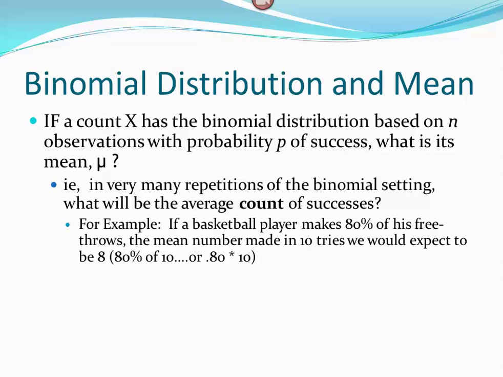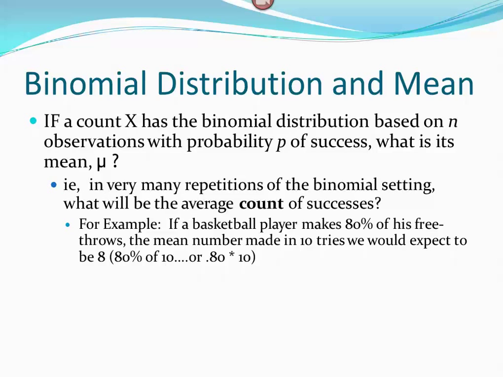And if we look at a basketball player and how many times they can, in history, make a free throw. For example, if we have a basketball player and he's making 80% of his free throws, in other words, his historical average is about 80%.